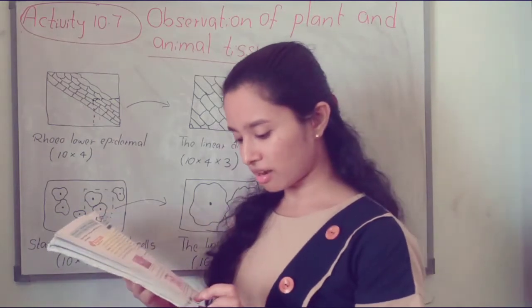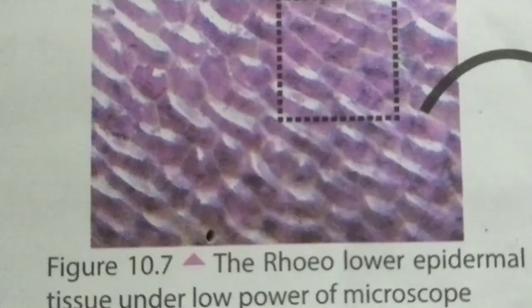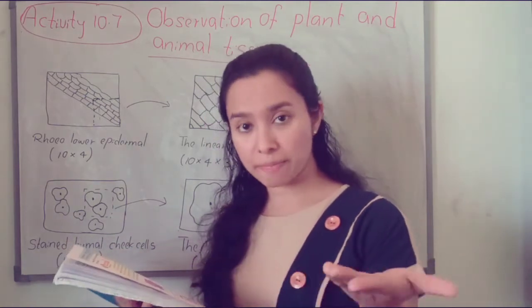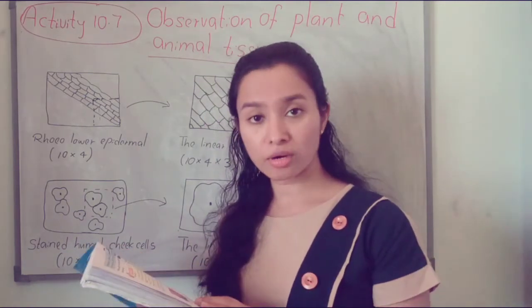Observe the picture in 146. The royal lower epidermal tissue under low power of microscope. Here we have to take the lower epidermal of royal leaf.